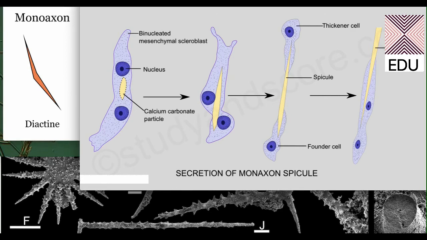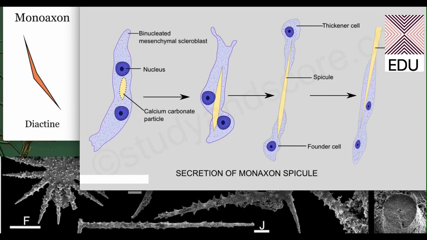As you can see in the first diagram, this particular cell is the founder cell, and it is providing the raw material, which is calcium carbonate here. The thickener cell is going in an upward direction. Now these two cells are separating, and in between a spicule is formed.